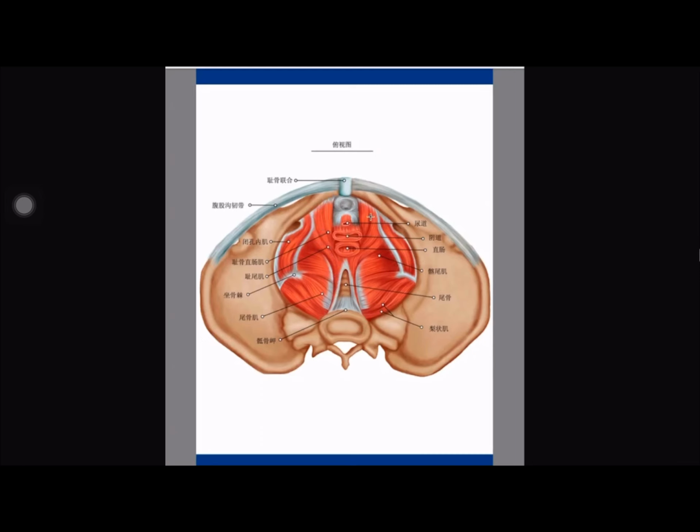And right to the inside of that, we have the puborectalis.